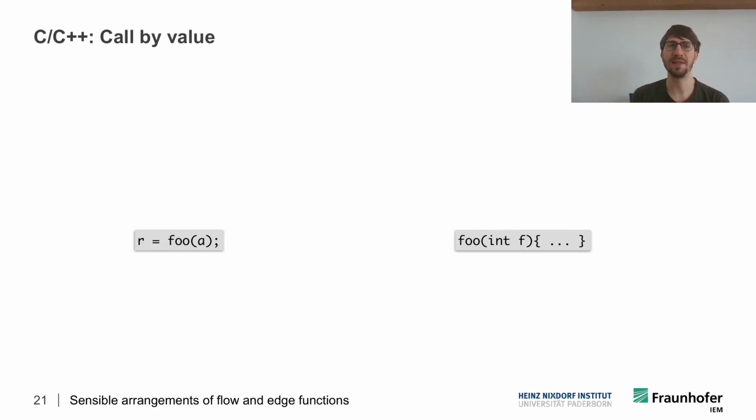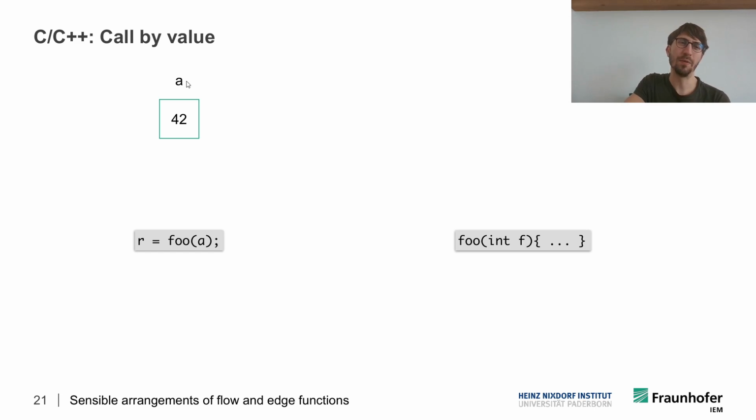Now let's discuss C and C++. In C and C++ there is call by value, but there is also more. But first let's consider call by value. We start again with a fundamental data type such as int. So what does it look like?